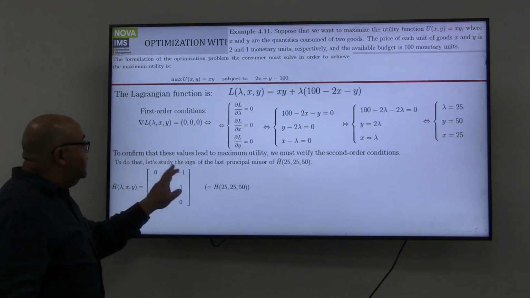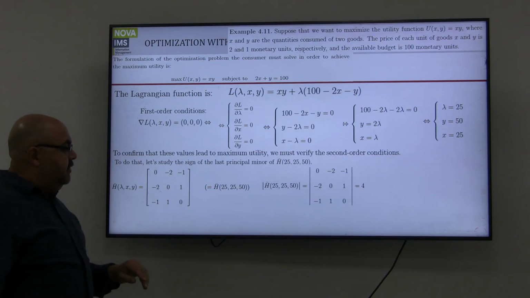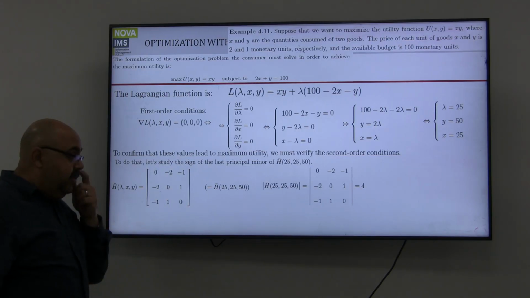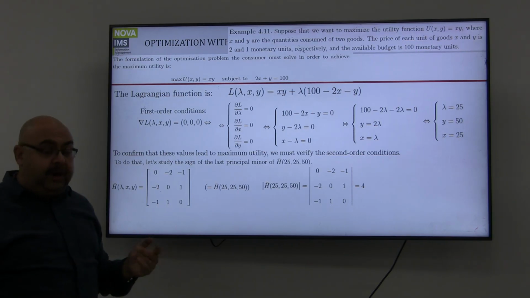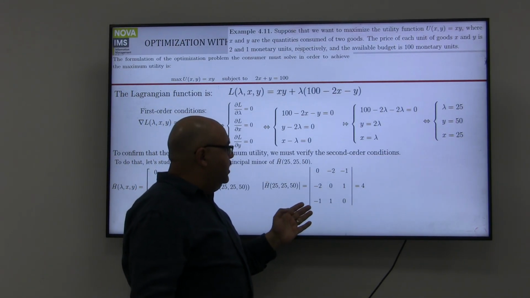Then, as you can see, they are all numbers. So I will evaluate the value. Also, because we have two decision variables and just one constraint, it's the last principal minor that I will evaluate.